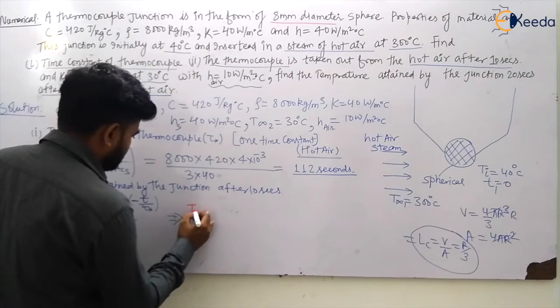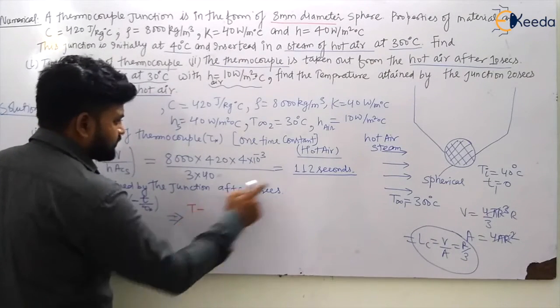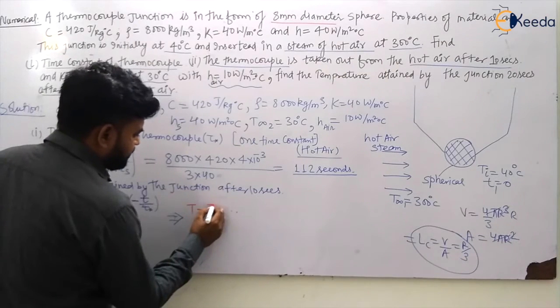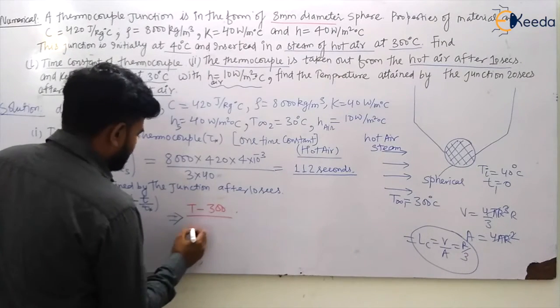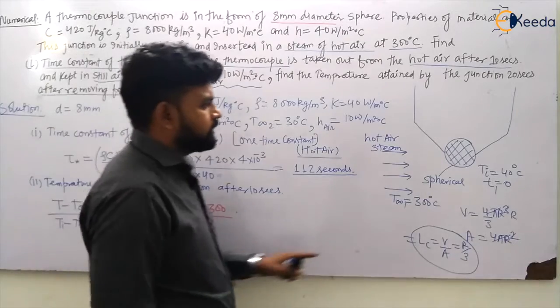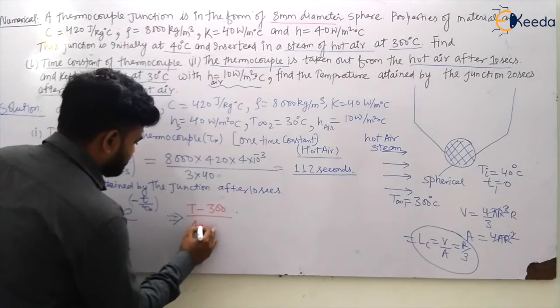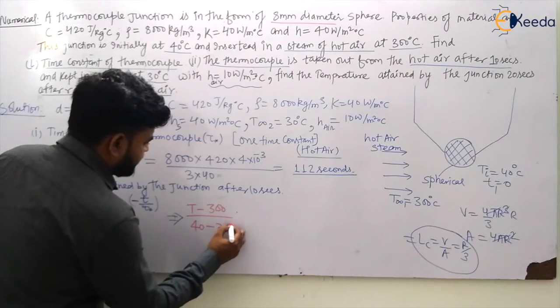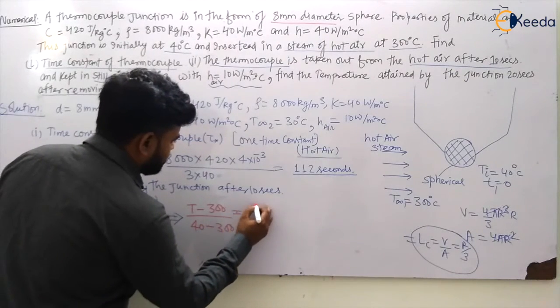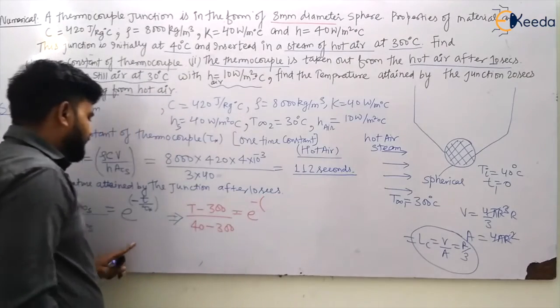What is the steam temperature? The steam temperature is 300 degrees Celsius, and the initial temperature of the thermocouple junction is 40 degrees Celsius. So (T minus 300) divided by (40 minus 300) is equal to e to the power minus of t by t star.